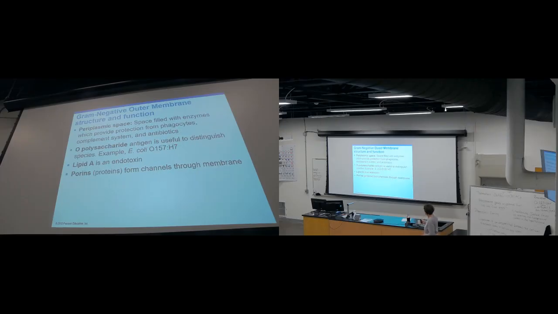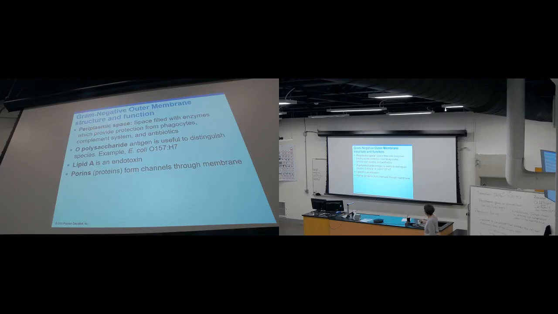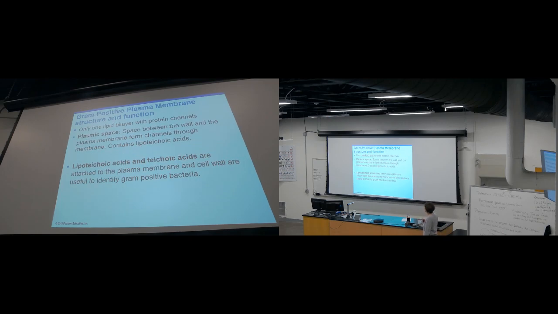And then you have as well, within this space, porins, that allow the passage of nutrients and also some items in and out of the cells. So that's characteristic of this outer membrane and this periplasmic space.